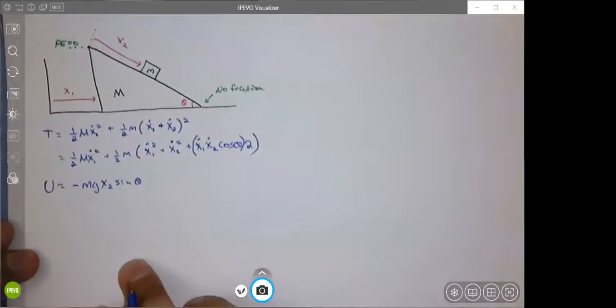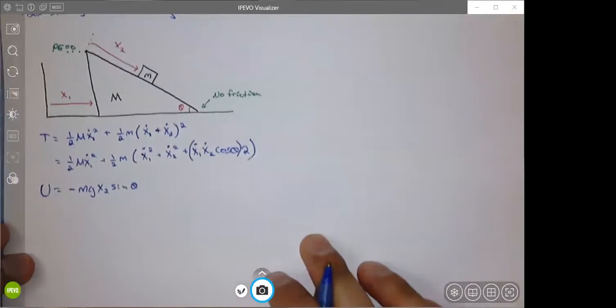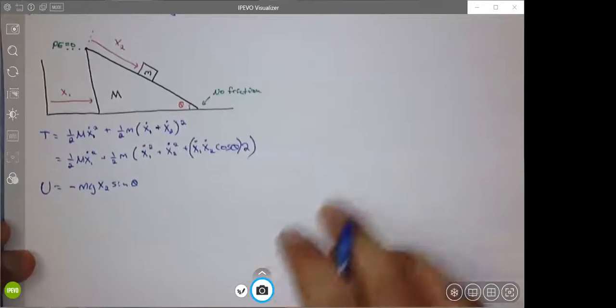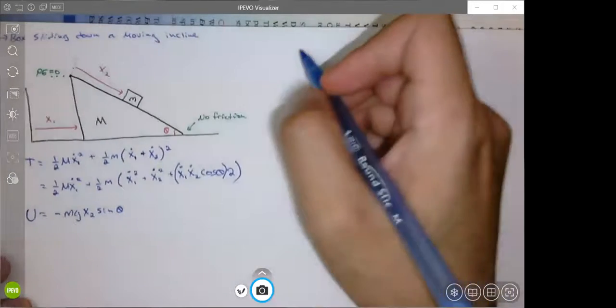So now that we have these two, we can write down our Lagrangian equation. I guess I could write it up here.